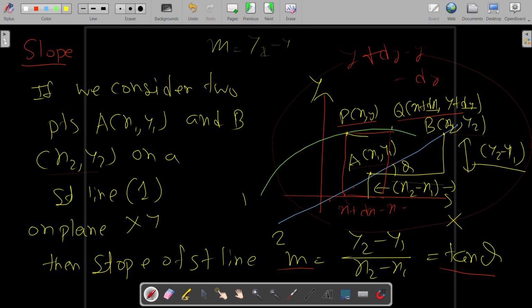So this forms a kind of triangle like this. This distance becomes y plus del y minus y, which equals del y, and this distance becomes x plus del x minus x, which equals del x.